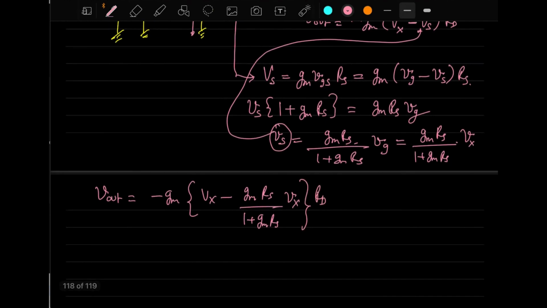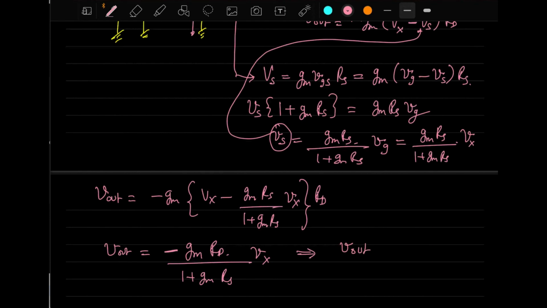So if you solve this, what do you get? You will get gm Rd over 1 plus gm Rs times Vx. So that means you have V out by Vx as minus gm Rd over 1 plus gm Rs.